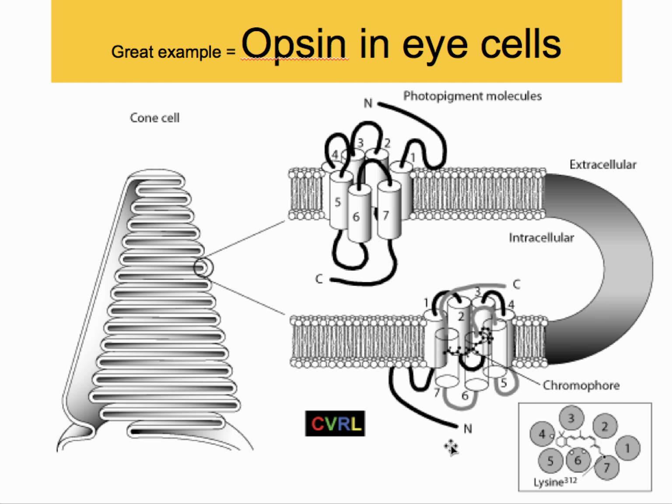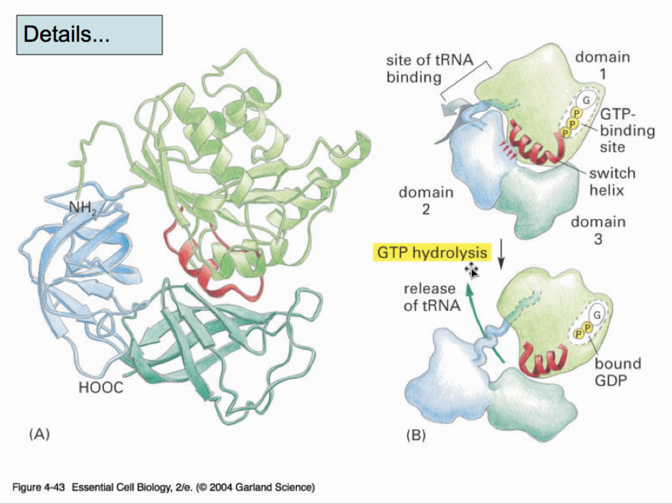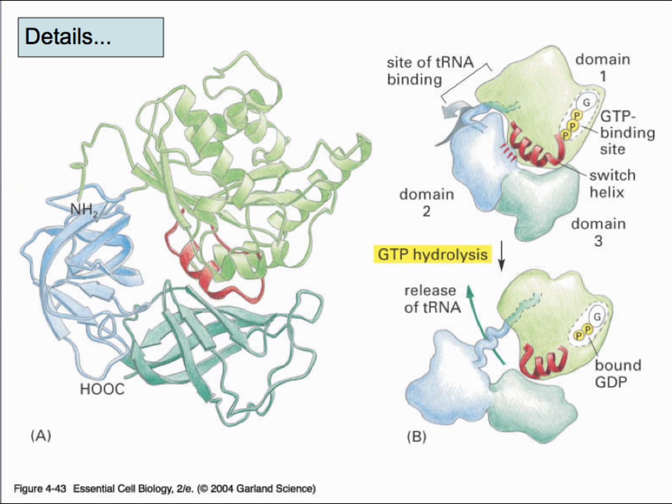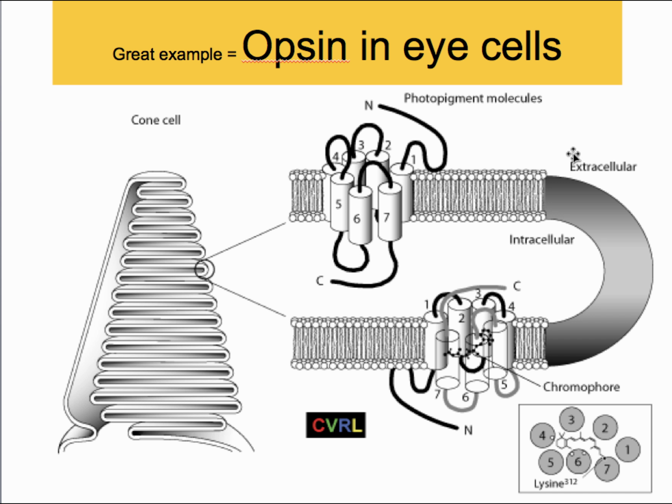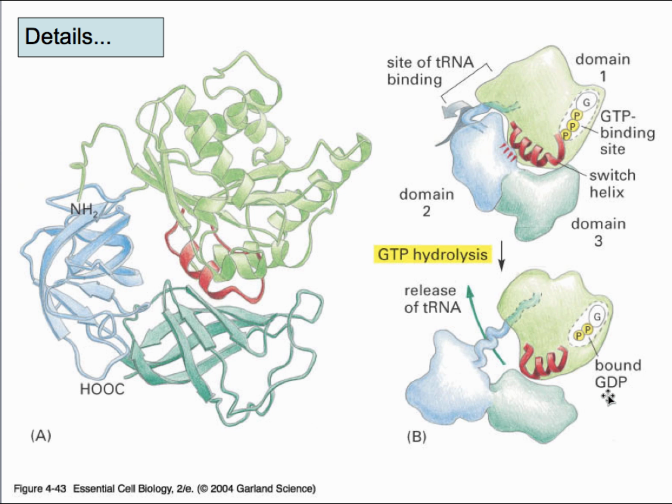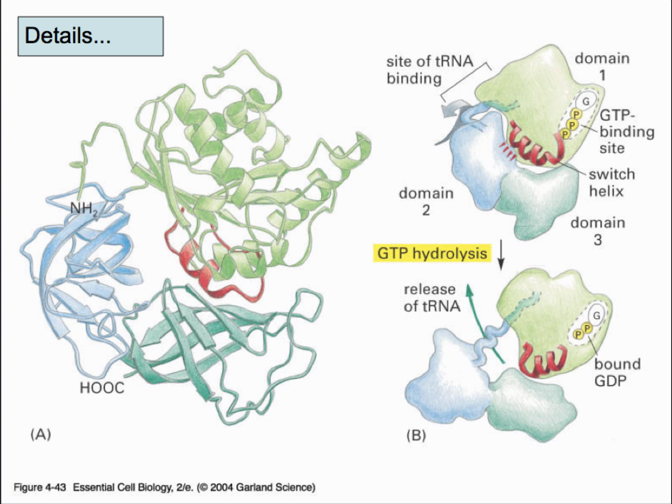This protein interacts on the inside of the cytoplasm with another protein known as transducin. Transducin is a GTP binding protein. When activated, it does hydrolyze its bound GTP into GDP. That causes a conformational change in transducin, which leads to further changes within the cell. The time that transducin spends in an inactive state is influenced by many factors.